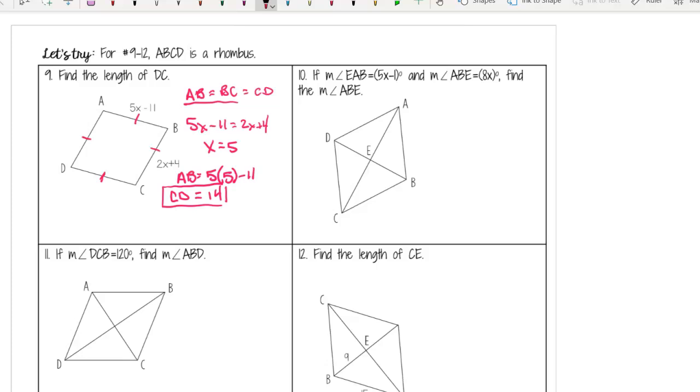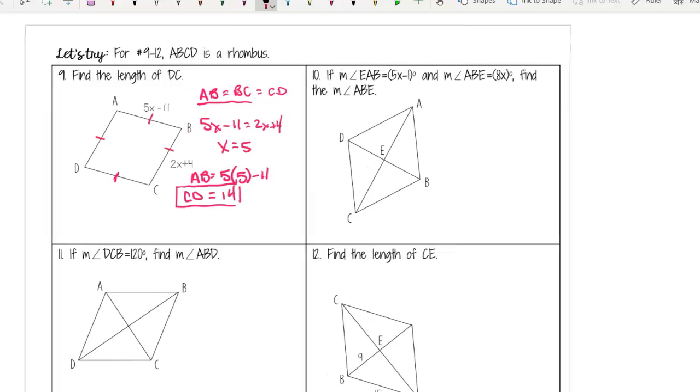Okay, this one. The measure of angle EAB is 5x minus 1. The measure of angle ABE is 8x. And then we also know that this is a right angle right there because the diagonals are perpendicular. And what else do we know?